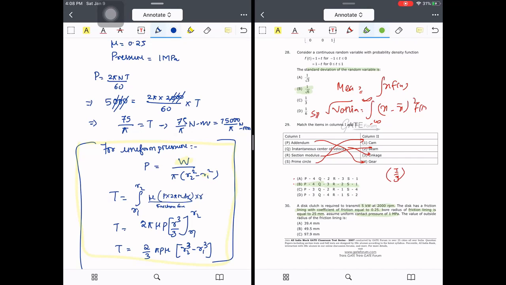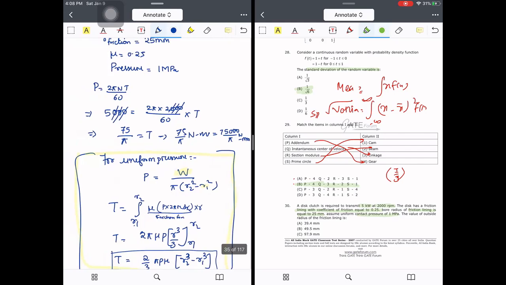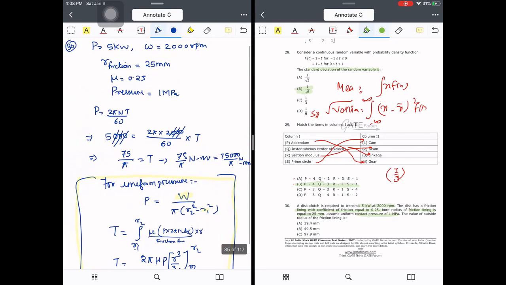This is the torque, the frictional torque, the frictional force multiplied by the radius, and we are integrating from r1 to r2. Finally we get the torque equal to 2 by 3 pi p mu (r2 cube minus r1 cube).